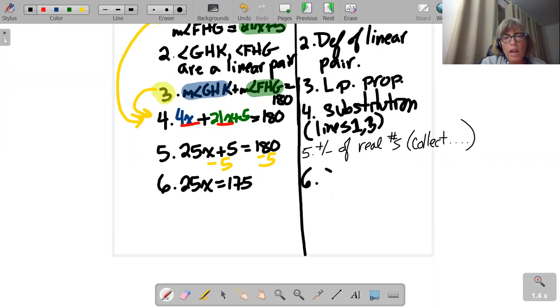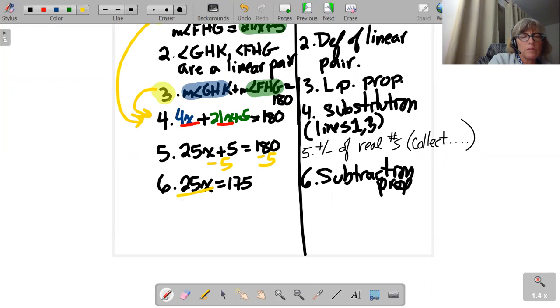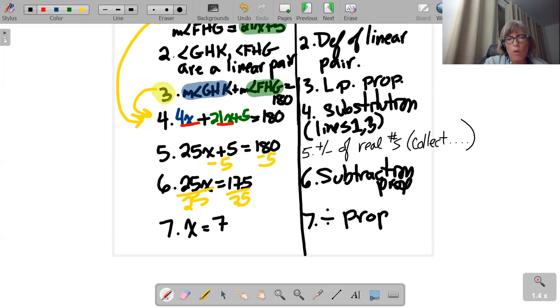We subtracted both sides. That's called the subtraction property. One, 2, 3, 4, 5, 6, 7. We can say x is now 7. And the reason why, that is division property.